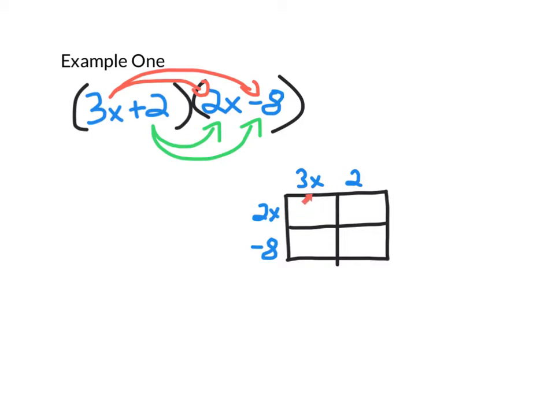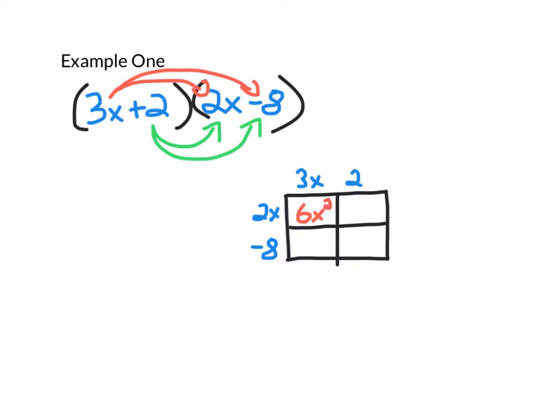So this box in this top left is going to be the 3x times the 2x. When you multiply 3 times 2, you get 6. But remember that when you multiply those x's, you add the exponents. So that's an exponent of 1 for this one and 1 for that one. So that's going to make that 6x squared.